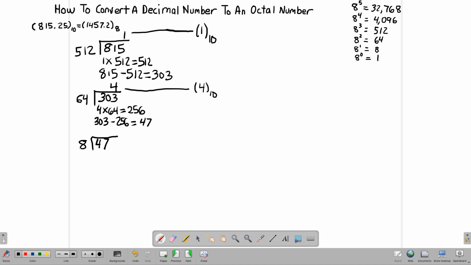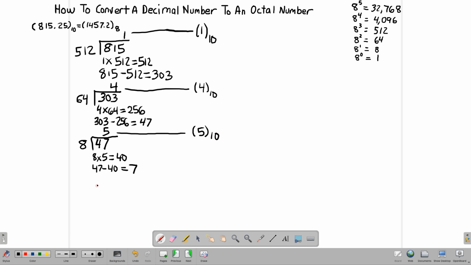So the value 5 goes here. Then 8 times 5 is 40. And 47 minus 40 leaves the value 7. At this point, we'll keep track of the quotient. So it's 5 in base 10.